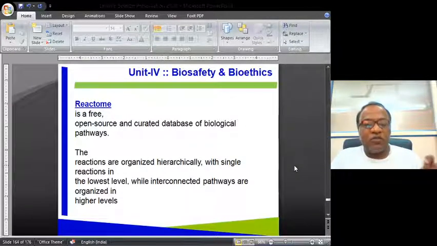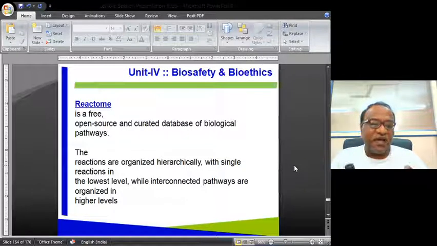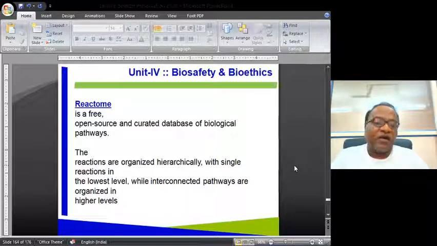Reactome is a free, open source and curated database of biological pathways. The reactions are organized in a hierarchy in the Reactome software, with single reactions at the lowest level, while interconnected pathways are organized at higher levels.